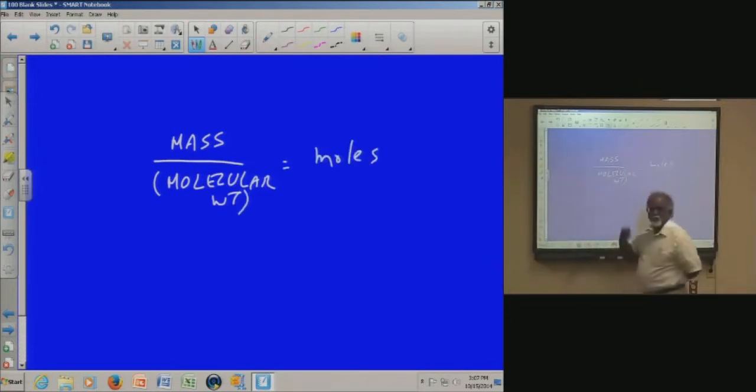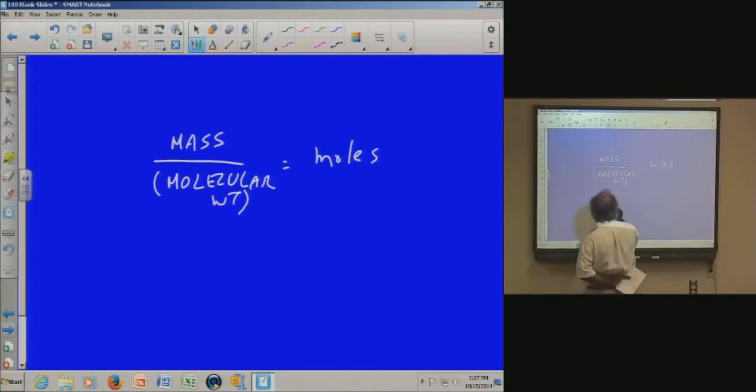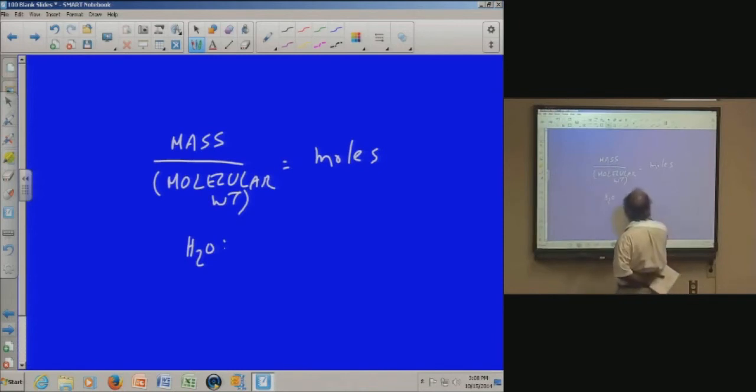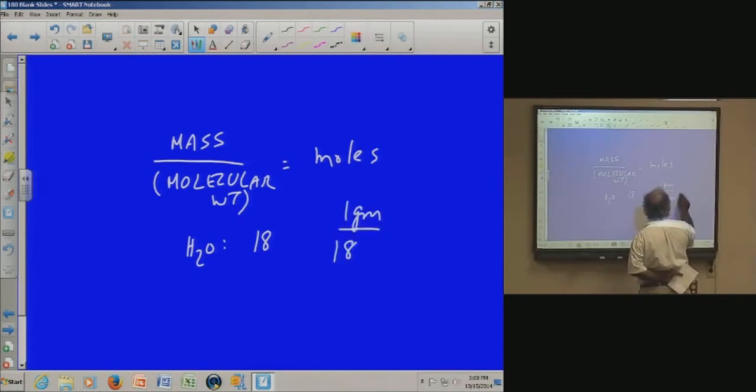As an example, this is something that you all are doing in some problem sets, and we'll be doing this as we go along. To give you a very simple example, water has a molecular weight of 18, right? So if I have 1 gram of water and I divide it by 18 grams per mole, I have 1 over 18 gram moles.